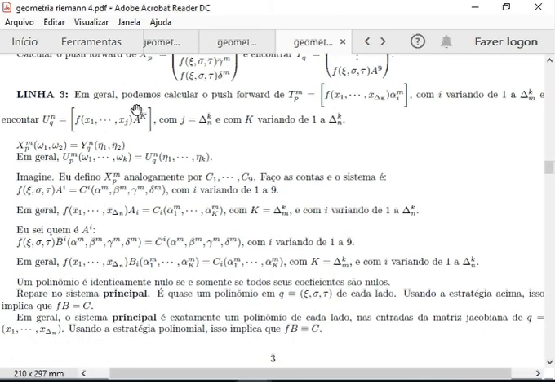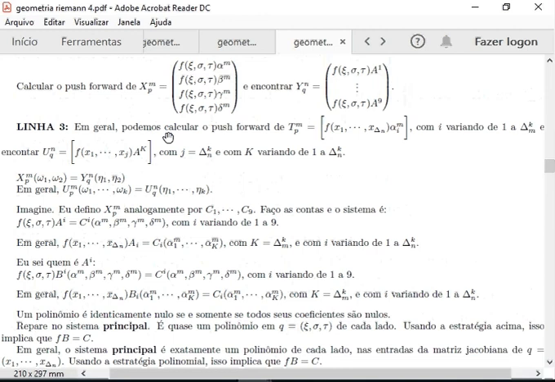Line 3. Generally, we might calculate the push forward of tpm f alpha and find uqn fa, with j equals to delta n power 2k and bk varying from 1 to delta n power 2k. xpm equals yqn.